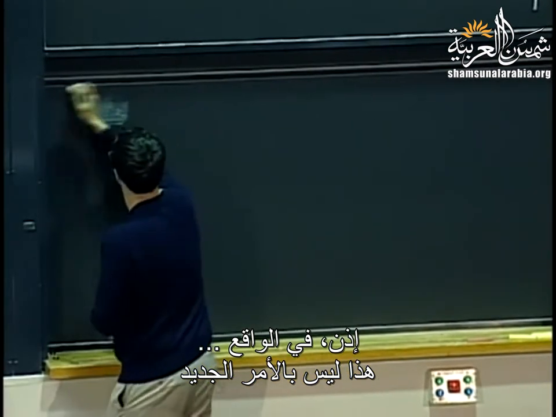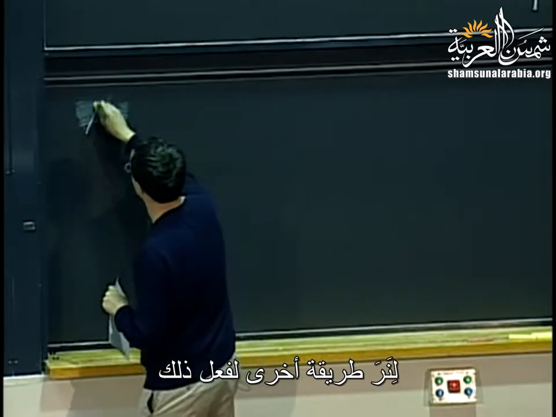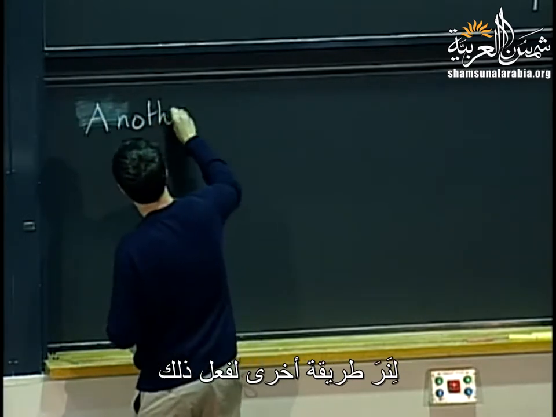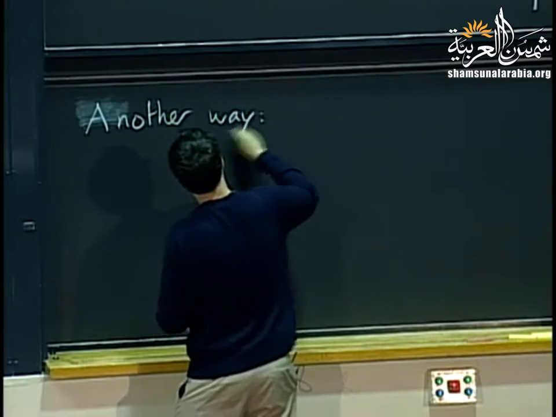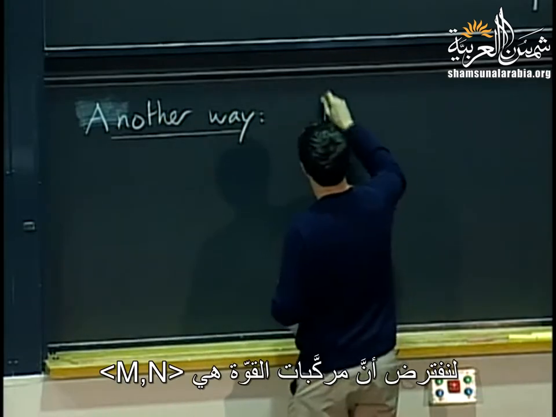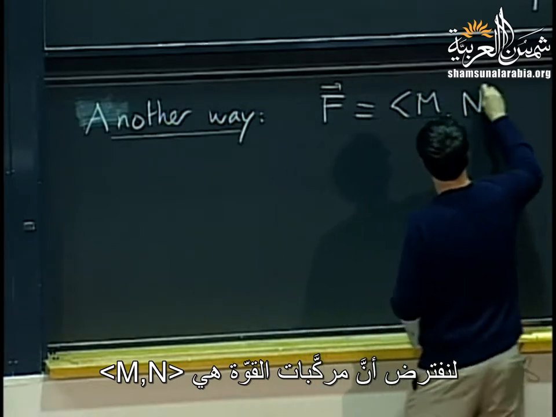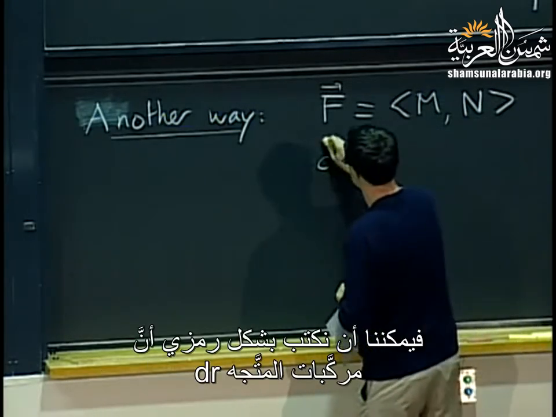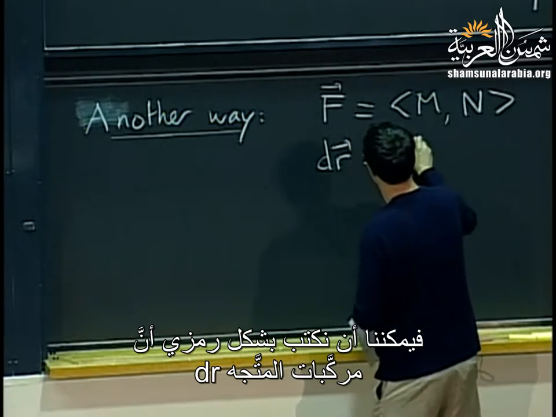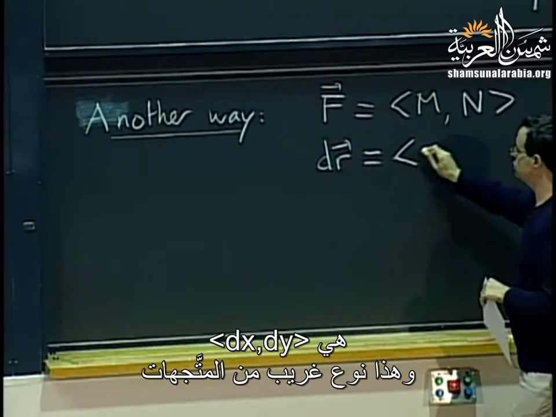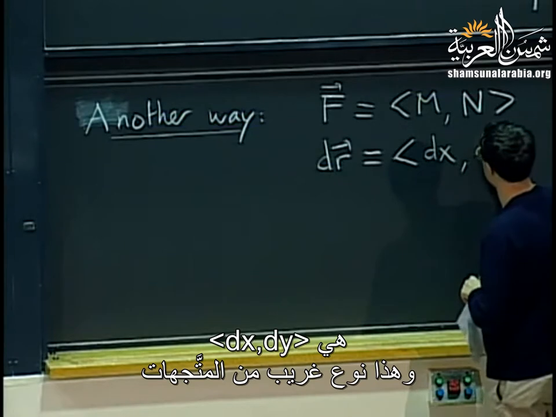Well, it's not really new, but let's see another way to do it. Let's say that our force has components M and N. I claim that we can write symbolically vector dr stands for a vector whose components are dx and dy.